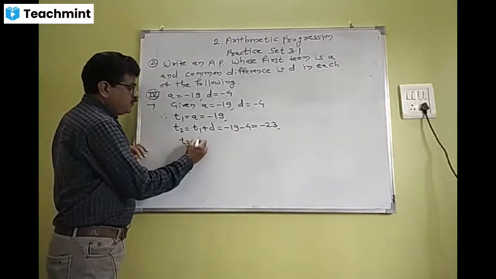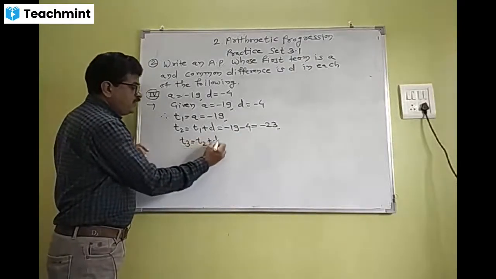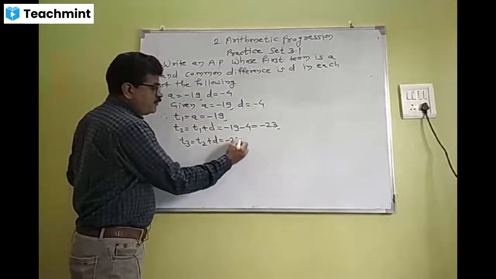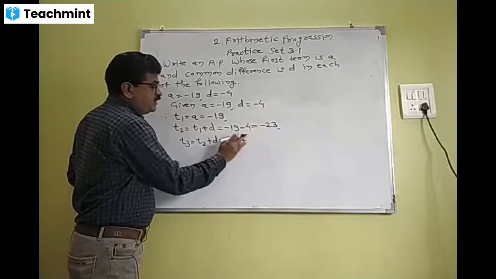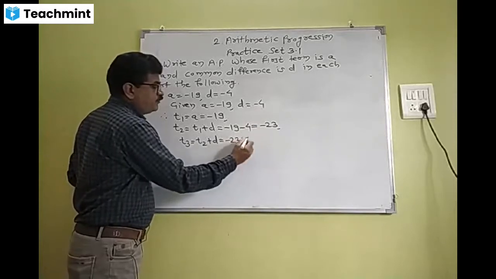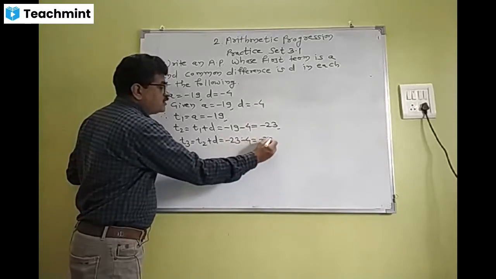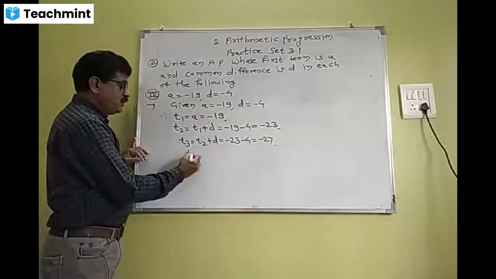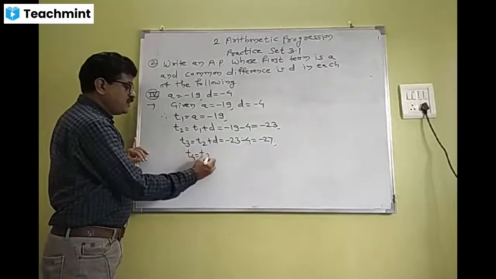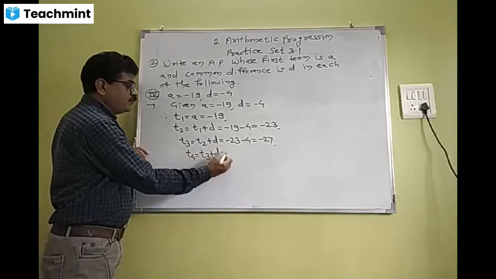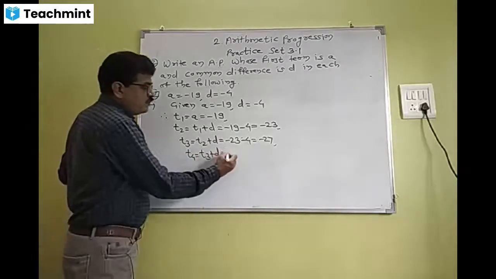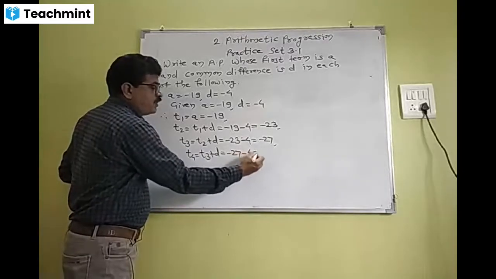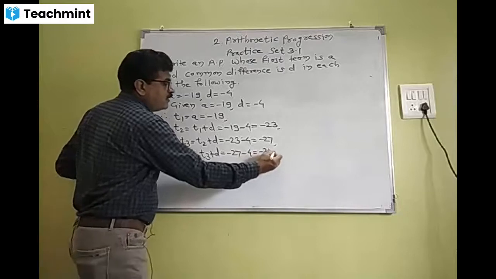T3 is equal to T2 plus D. Value of T2 is minus 23 plus D, that is minus 4, is equal to minus 27. T4 is equal to T3 plus D is equal to minus 27 minus 4 is equal to minus 31 and so on.